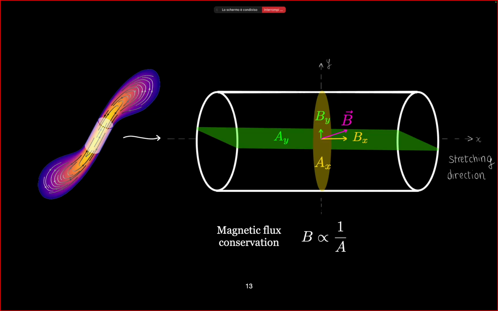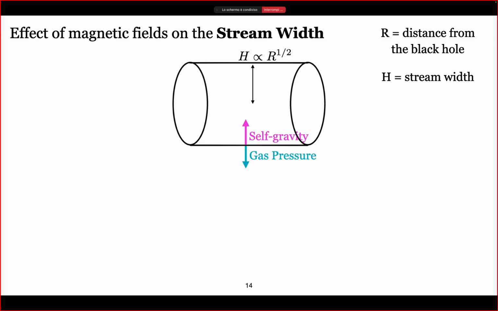And so this alignment is crucial because that's one of the ingredients that eventually allow the magnetic field to become dynamically important.